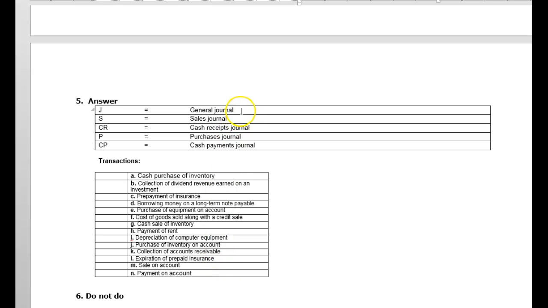So go into the textbook and write out what each journal involves. What kind of transactions are put into the sales journal? What kind of transactions are put into the cash receipts? Write that out here. We have room. And then start answering these questions, and be very careful with how you analyze it.